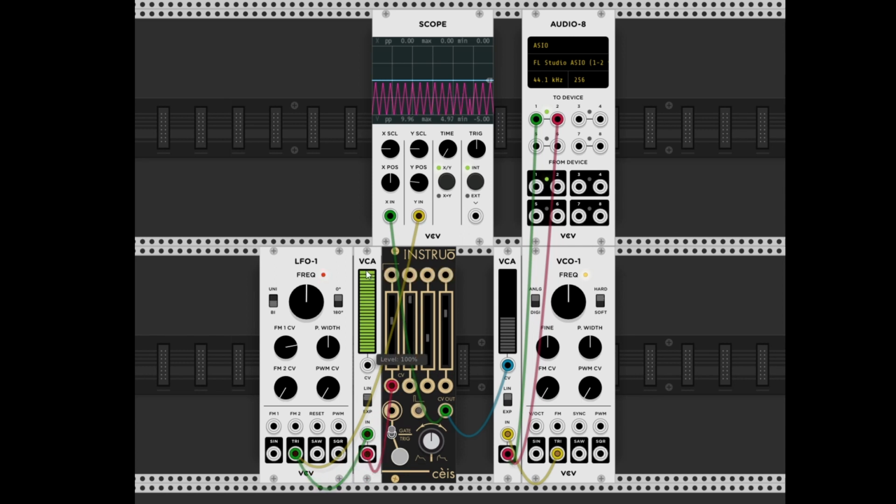So I reduce the amount of CV, or the CV level, which arrives from the LFO through the VCA. You see, we have a short one. Depends on when I get the trigger.